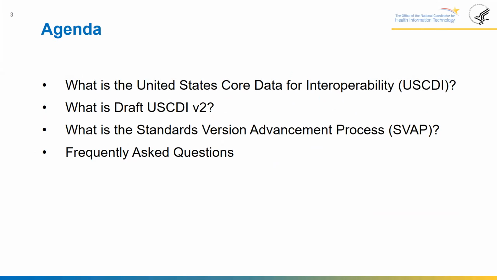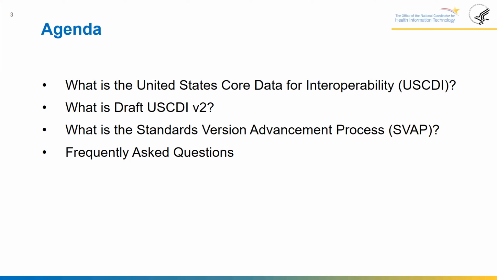Today, we're going to talk about the United States Core Data for Interoperability, or USCDI, in general, including what's included in version 1, which we published last March, and recently published draft USCDI version 2. We'll also talk about the Standards Version Advancement Process, or SVAP, along with the recently published approved standards for 2020 that are part of the SVAP.